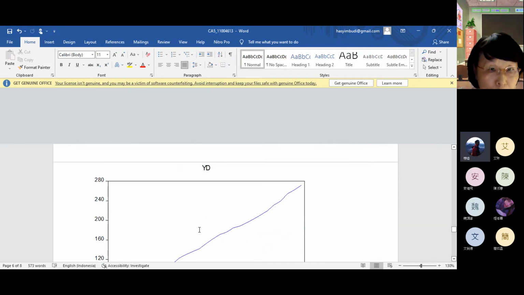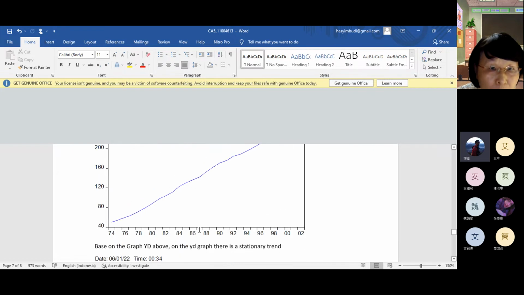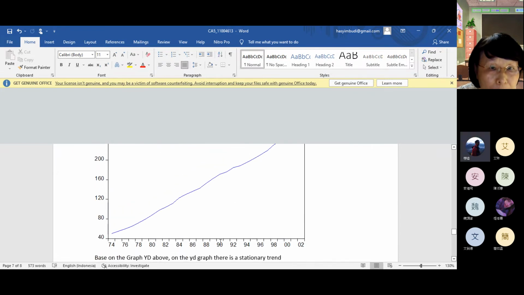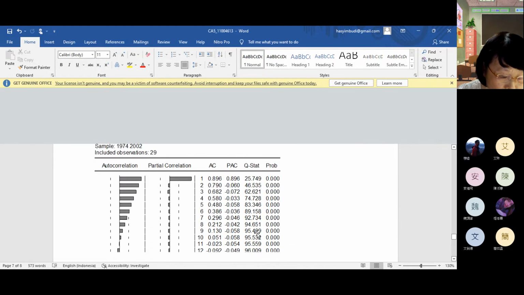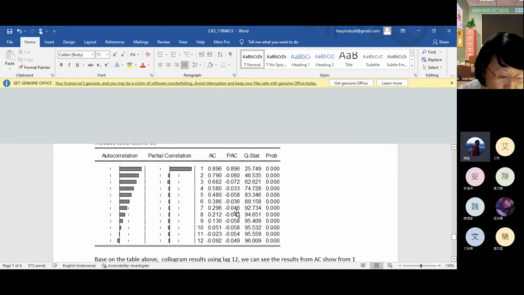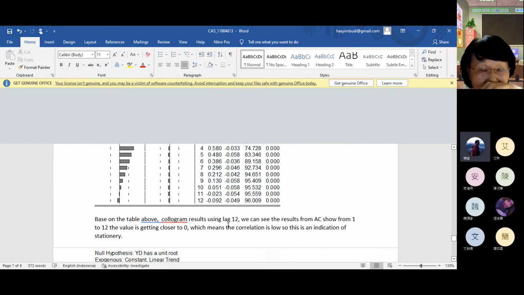And the last, YD. On the graph, I still indicated a stationary trend, a stationary uptrend. This means maybe it's non-stationary. And when we see the correlogram, lag 10 is close to 0, but lags 1 until 9 are close to 1, so an indication of non-stationary.